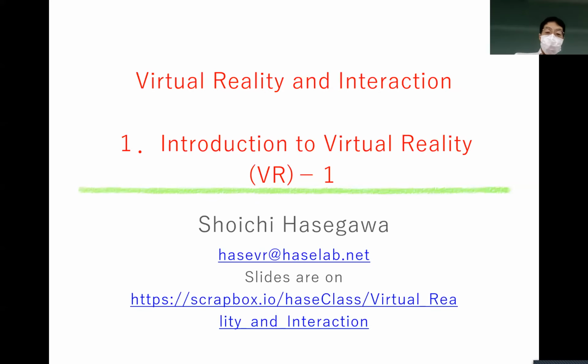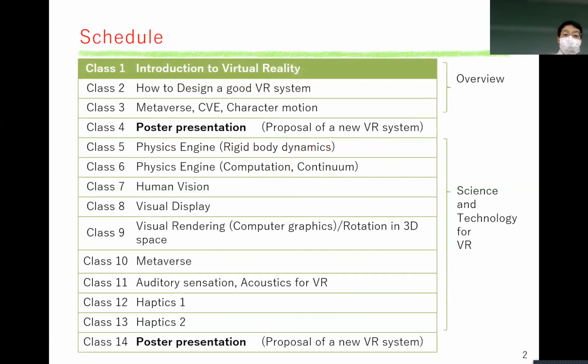Okay, then I'll go back to the slide. This is the schedule and the plan of this class. Today is introduction to virtual reality, and on Friday I'll talk about how to design a good virtual reality system. In class 3, metaverse, collaborative virtual environment, and character motion.